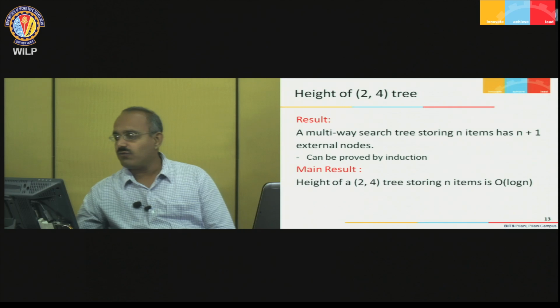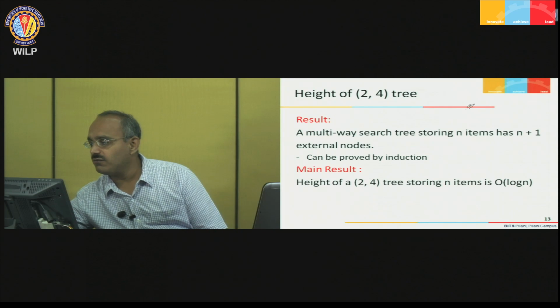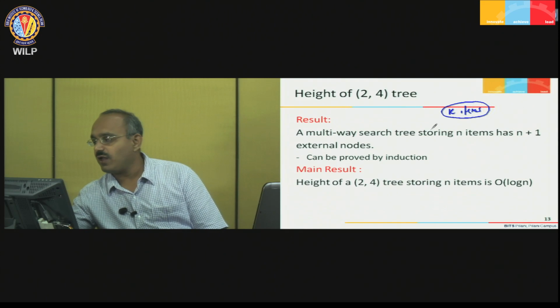So, for example, if you have this node which is going to hold say k items, then what we know is this will have k plus 1 external nodes.